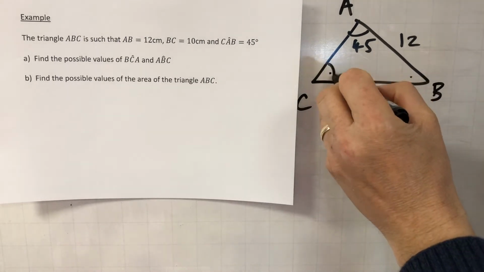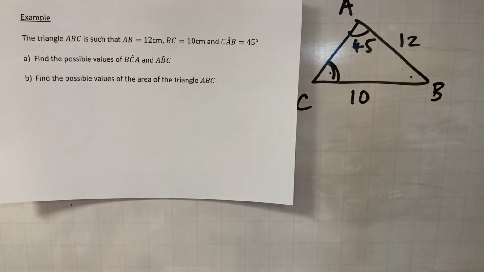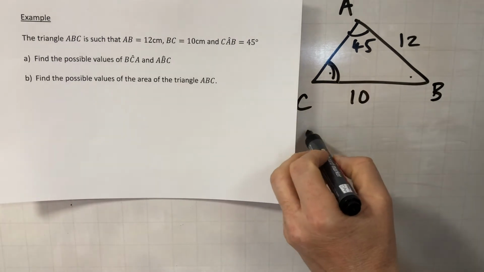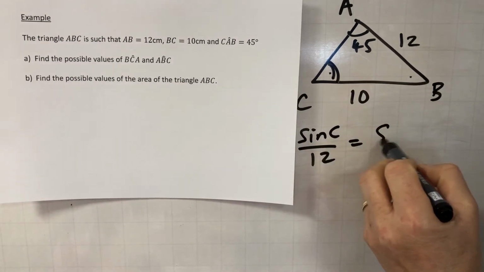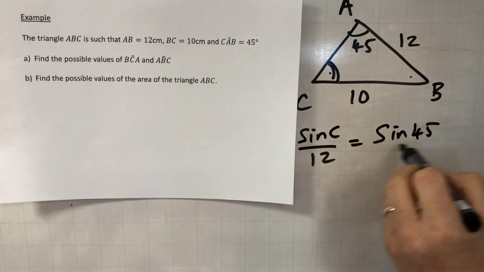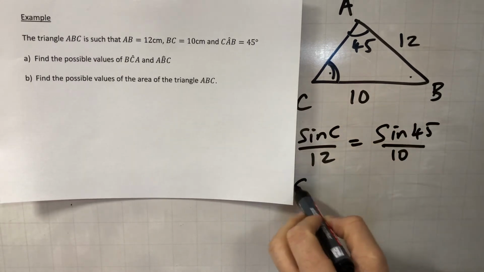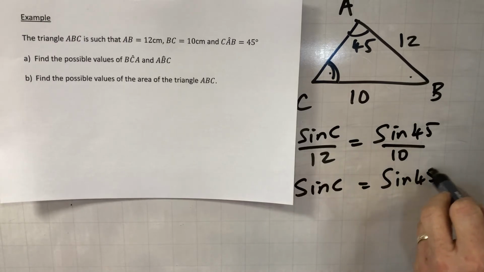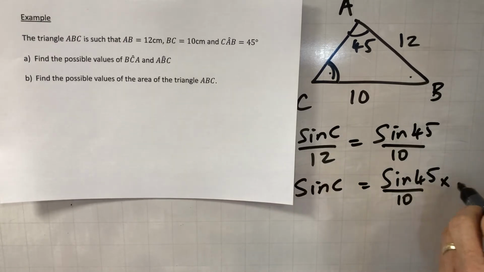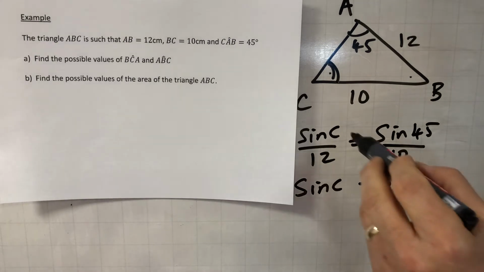So we can start by finding that angle using the sine rule. What we have is sine C over 12 should be the same as sine 45 over 10. So the sine of C is the same as sine 45 over 10 times by 12.